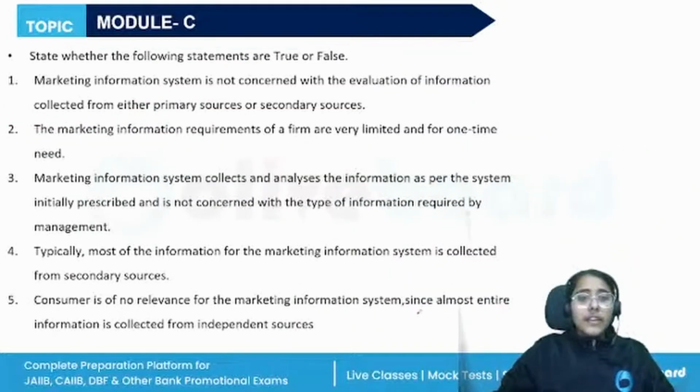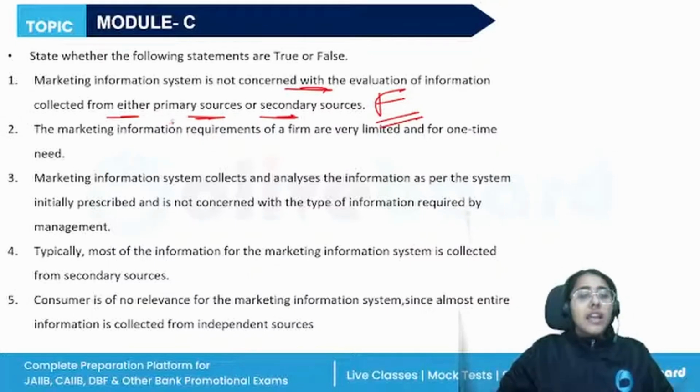All right. Now you need to tell whether the following statements are true or false. First, marketing information system is not concerned with the evaluation of information collected from either primary or secondary sources. This will be false. It is concerned with the evaluation of information.